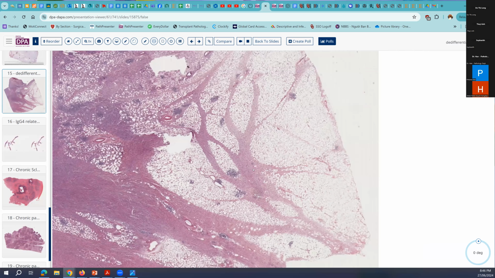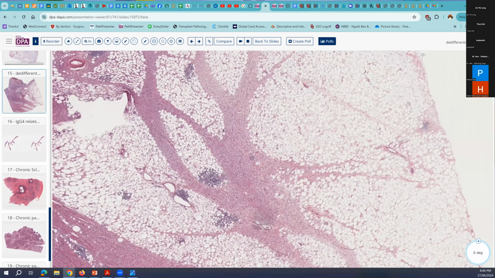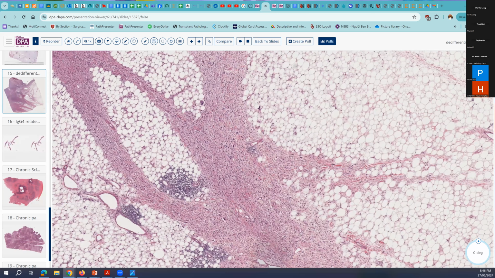As you can see here, these expanded septi between the lobules of fat, with some areas of inflammation. And in some cases of well-differentiated liposarcoma, this inflammatory component can be very intense and actually almost obscure other features of the neoplasm.